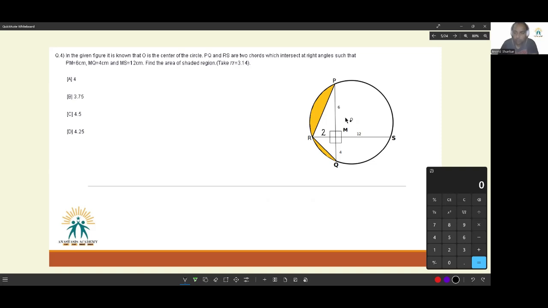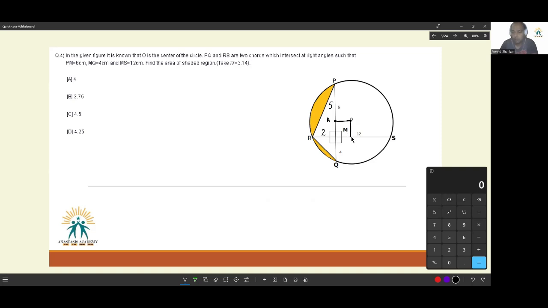This is known. Now, from this center, I am dropping the line joining it to the midpoint of this chord. So let's name this point A. PA is 5. And here also, I'm dropping a line joining the midpoint of this chord, 2 and 12.